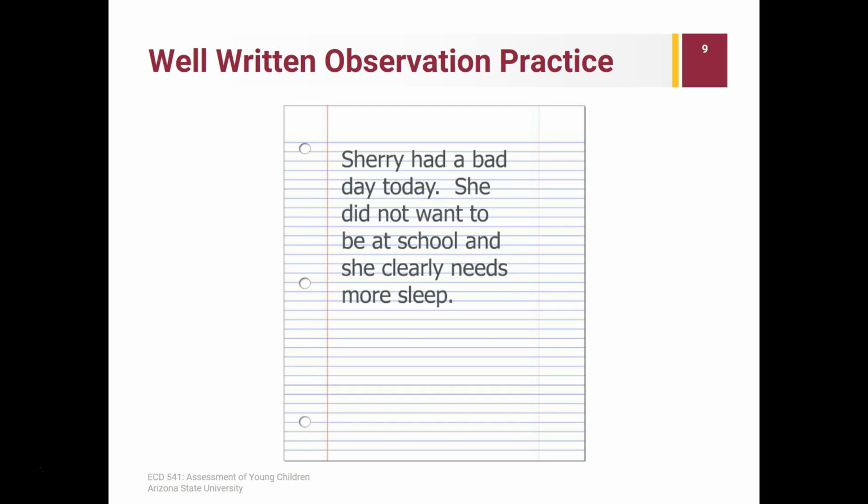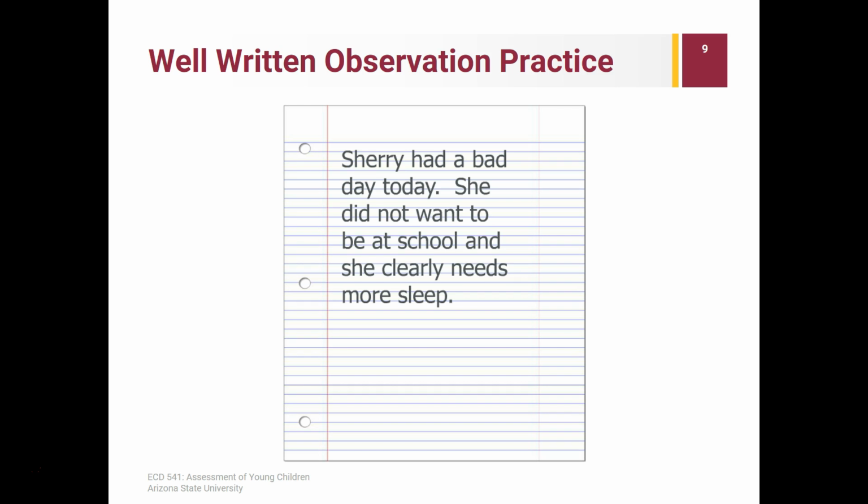Let's take a moment to practice changing a poorly written observation into an anecdote that is more objective. Here is the observation. Sherry had a bad day today. She did not want to be at school, and she clearly needs more sleep. Not knowing what is going on in the classroom, I would ask myself, what made it a bad day?